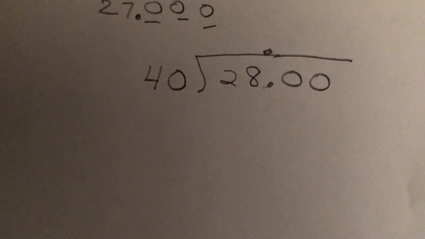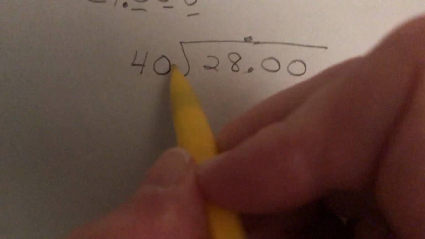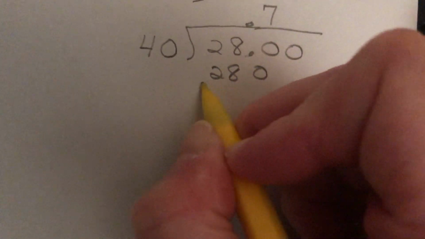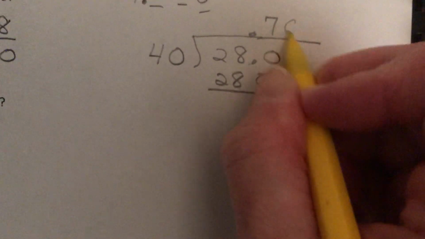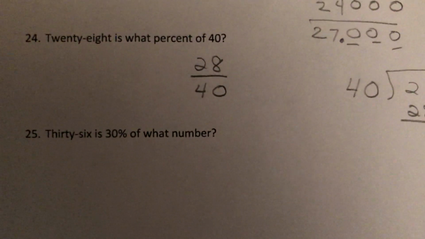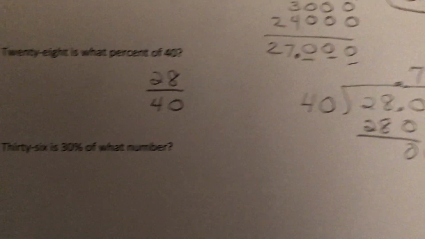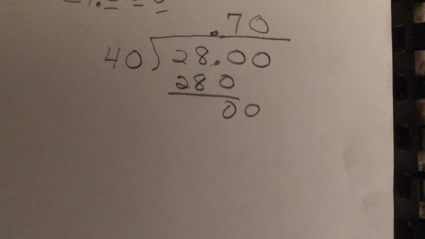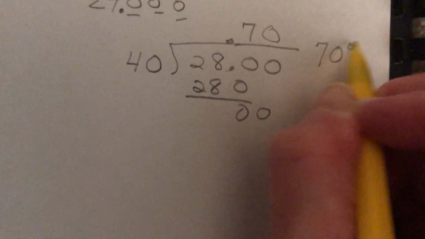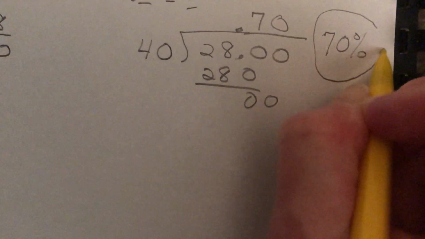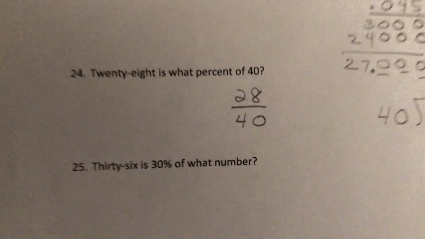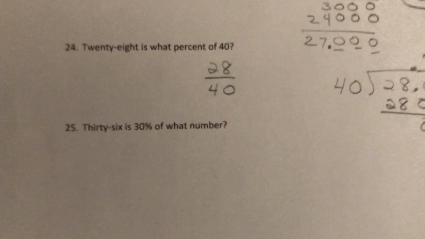And since 4 goes into 28 7 times, 40 would go into 280 7 times. And of course it's 0, so this is just 0. So 0.70 is the decimal, but we don't want the decimal, we want the percent. So if it's 0.70 as a decimal, that means it's 70%. So if you have 28, that is 70% of 40.